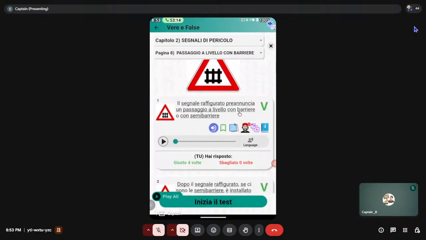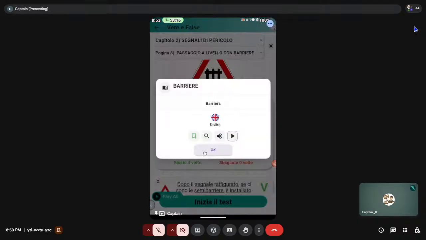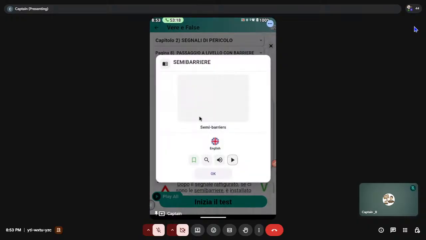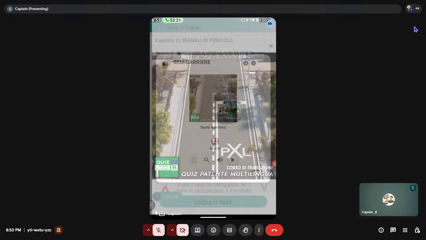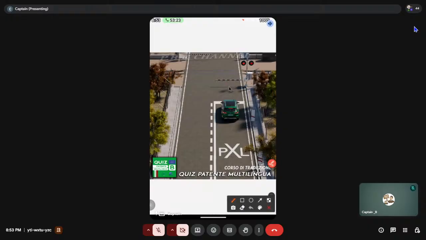Now let me show you the barrier. Okay, this is the semi-barrier here. Look at it here. You see it's half. This is called semi-barrier, the complete barrier will be like this. It will complete the road. All right? This is semi-barrier. This is called passaggio a livello, PL. Not polizia locale, okay?